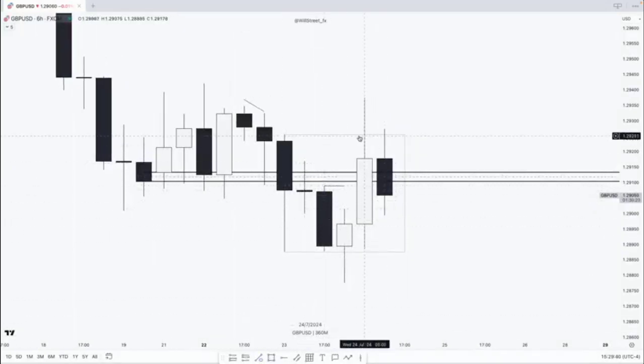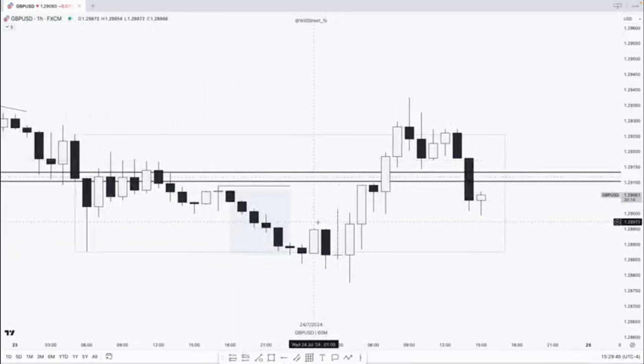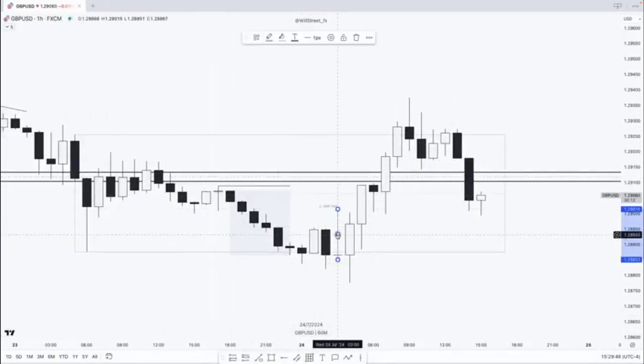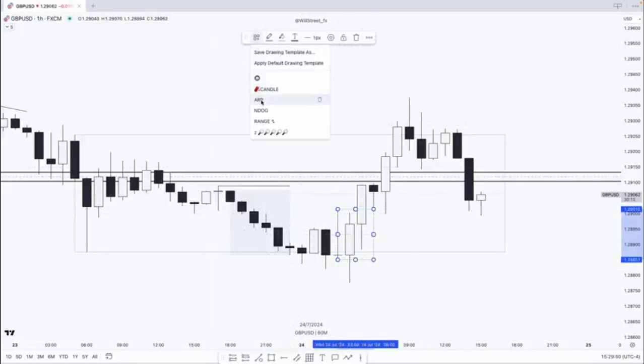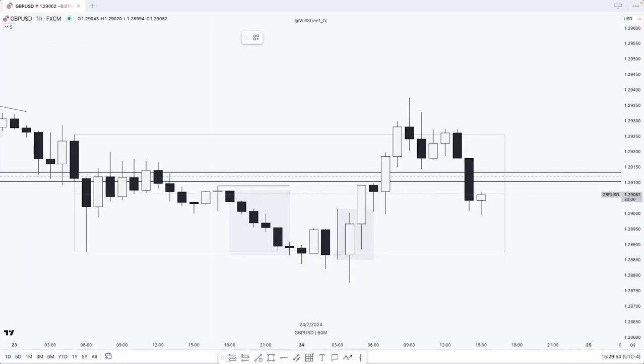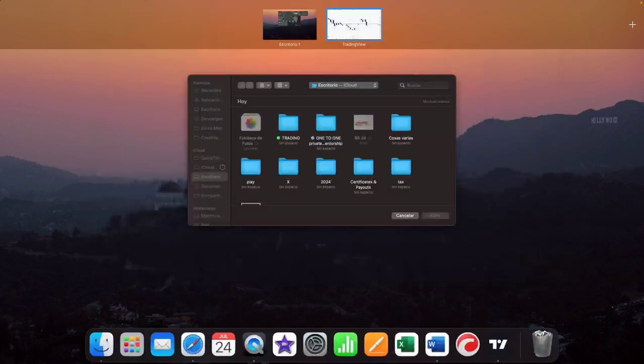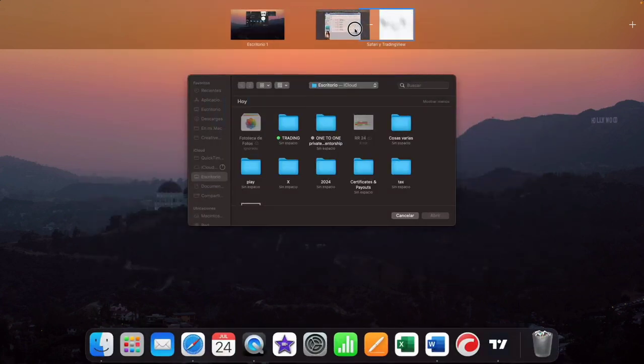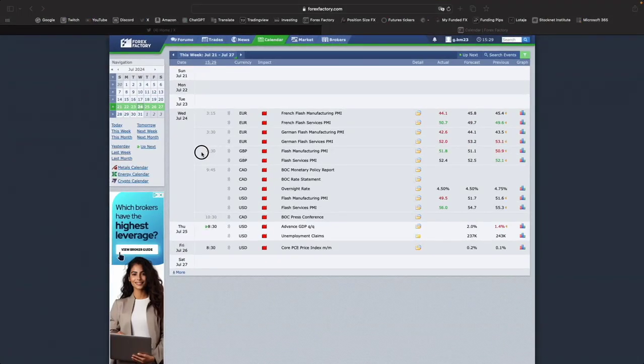This is the bias for the New York session and the final down liquidity. So going to 1 hour, what do we see here? Which is also the news. Real quick.